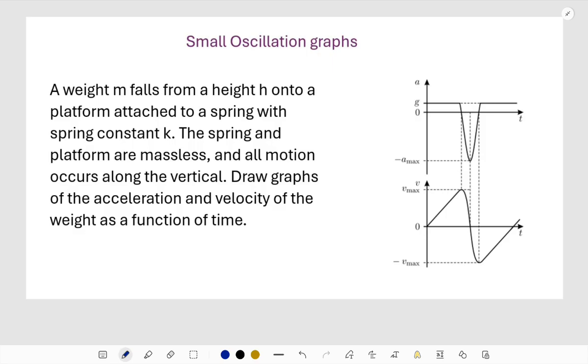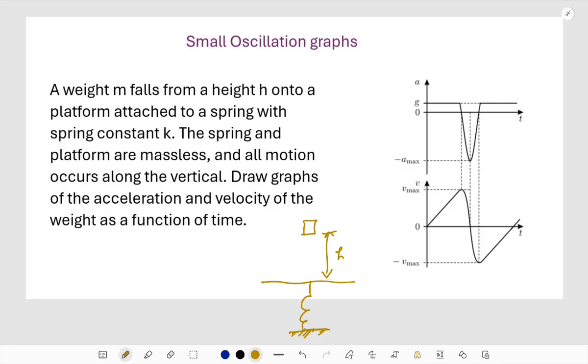Well, you can make your picture in your mind like there is a platform, there is a spring fixed at some support, and there is a block of mass m, height h above the plane, and this spring and platform are massless, and motion takes place along the vertical. Draw graphs of the acceleration and velocity of the weight as a function of time.